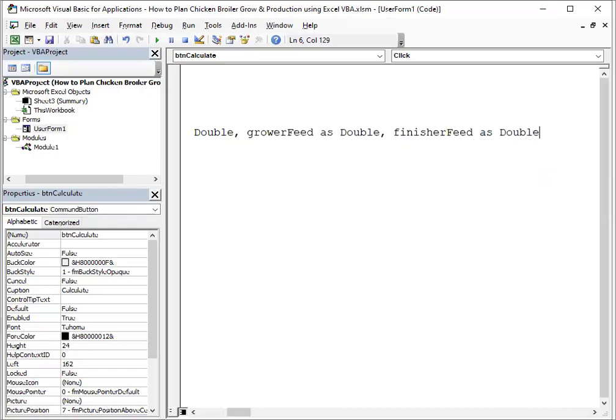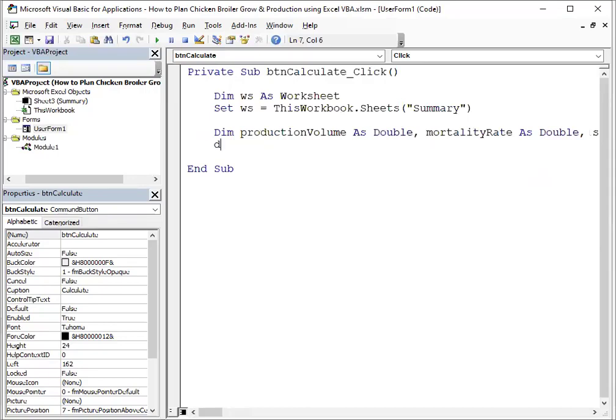Then another Dim: Dim house capacity As Double.